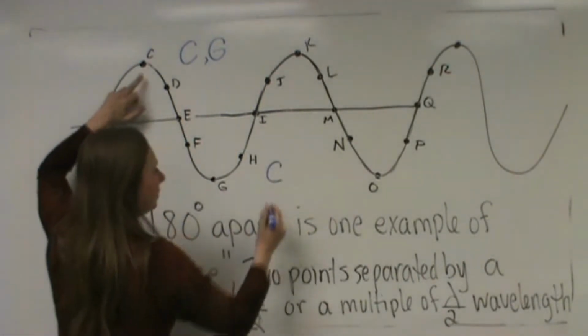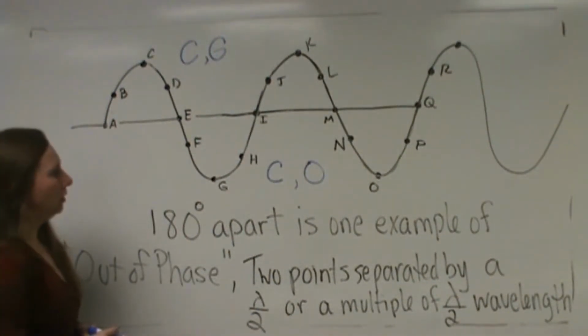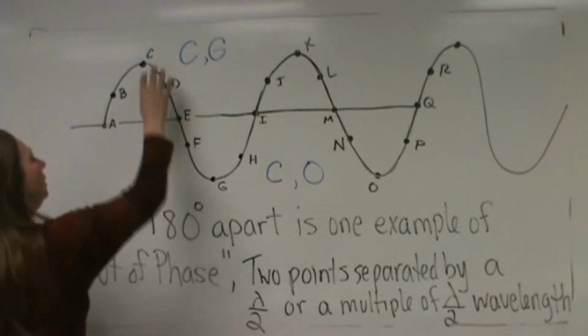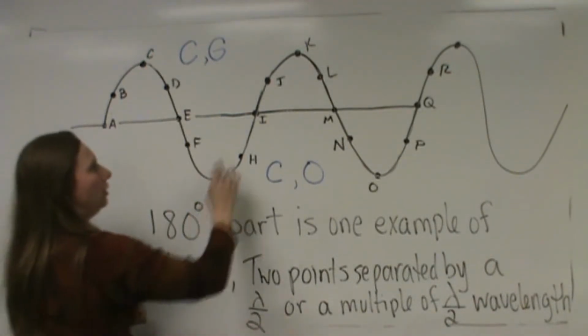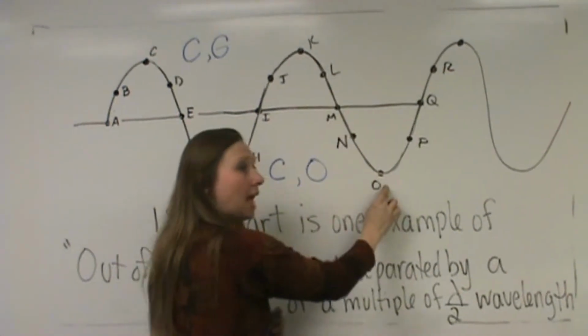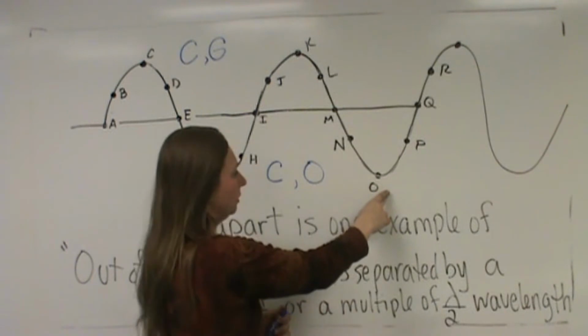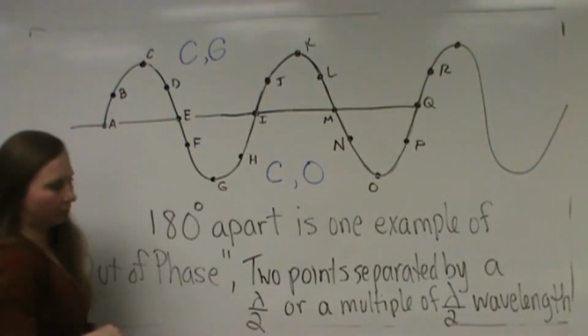C and O. C and O are a multiple of half wavelengths apart. This would be from C, this would be half, 2 halves, 3 halves, 3 half wavelengths away from C.